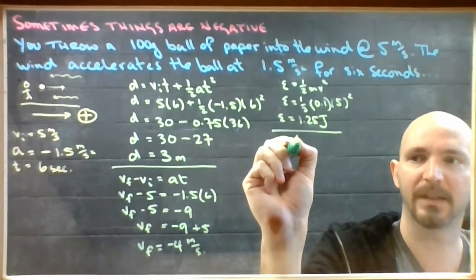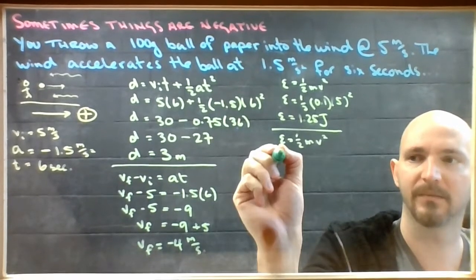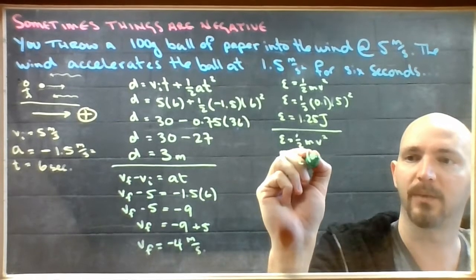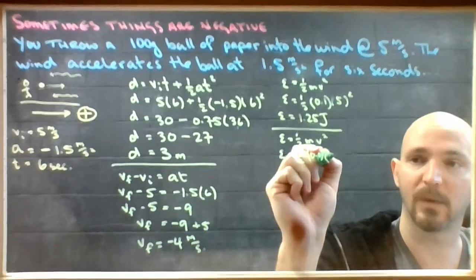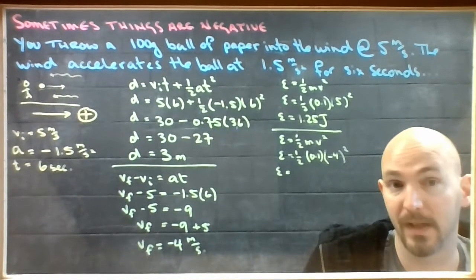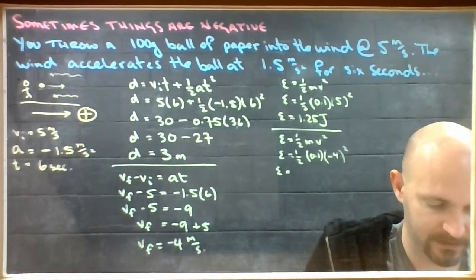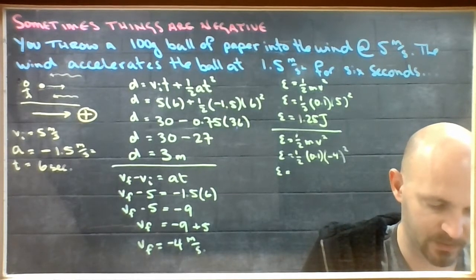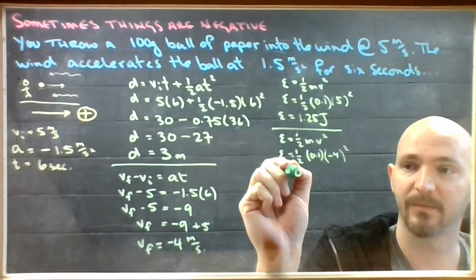At the end, 1/2 mv squared, 1/2, 0.1, final speed is -4. -4 times -4 is 16, times 0.1 divided by 2, 0.8 joules.